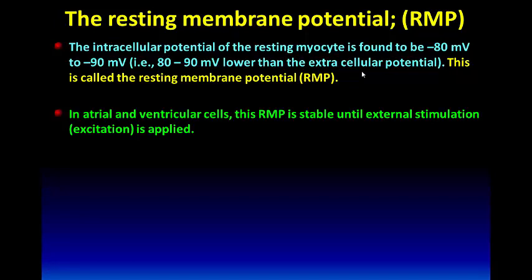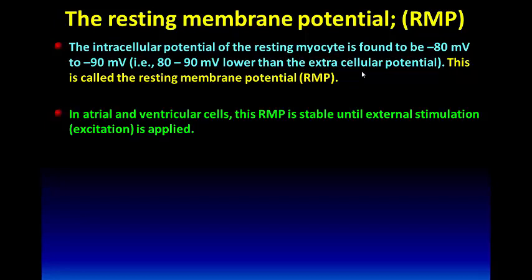In the atrial and ventricular cells, this resting membrane potential is stable, and the cells would remain in resting state, would remain in relaxation and in diastole until a stimulation arrives or until the cells are excited.